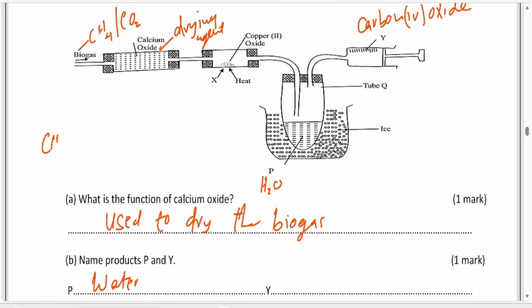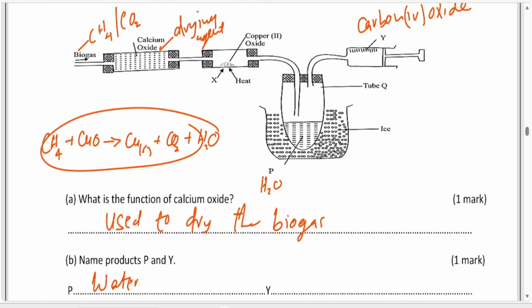You need to understand that methane shall react with copper oxide, and you are going to obtain copper, which is a solid. You are going to obtain carbon dioxide, and you are going to obtain water. And that is what is actually going to happen in the combustion tube at this point.